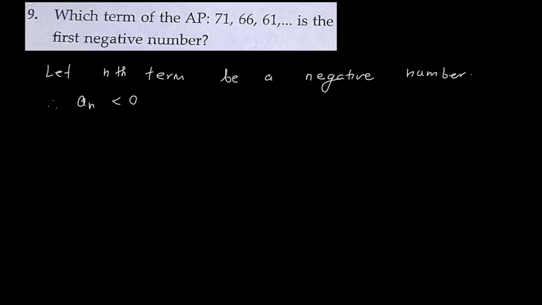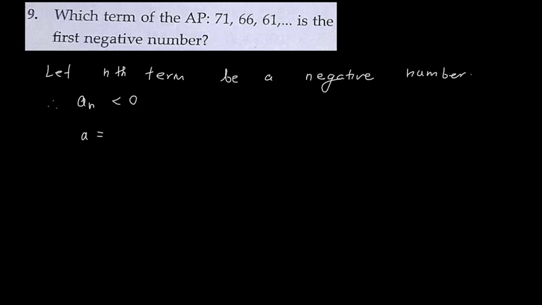Now here in the ninth question: which term of an AP is the first negative number? As usual you say, let the nth term be a negative number. So therefore you have an less than 0.